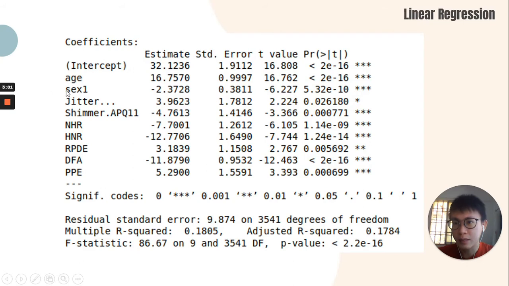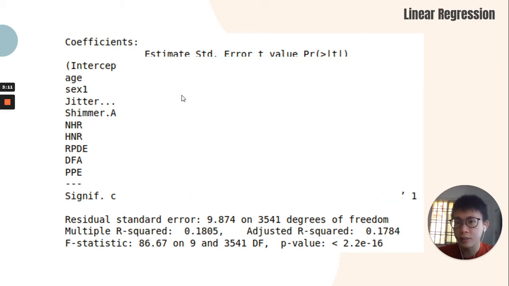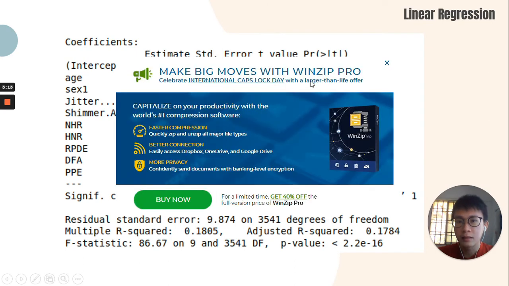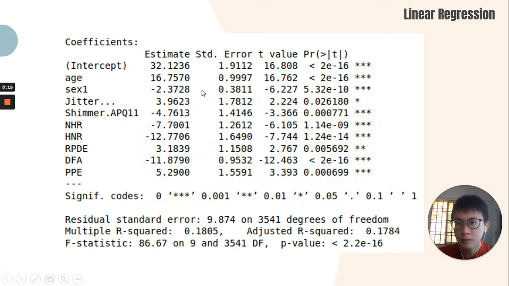Sex 1 actually means female. So it means that when the patient is female, the total UPDRS will be 2.372 less compared to the male. So yeah, male generally has higher total UPDRS than female.